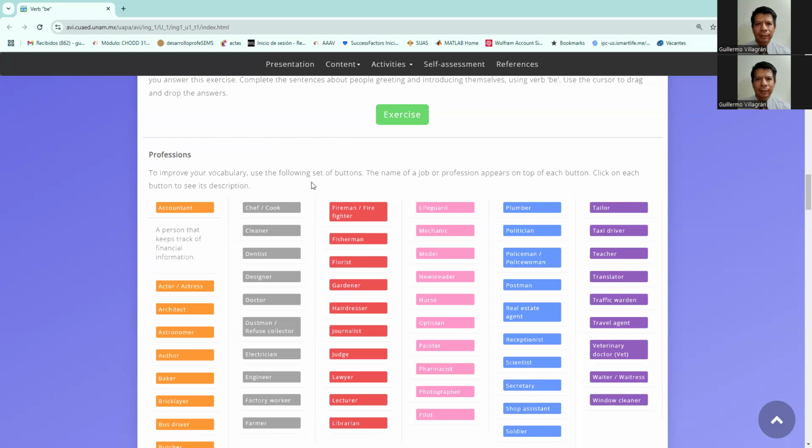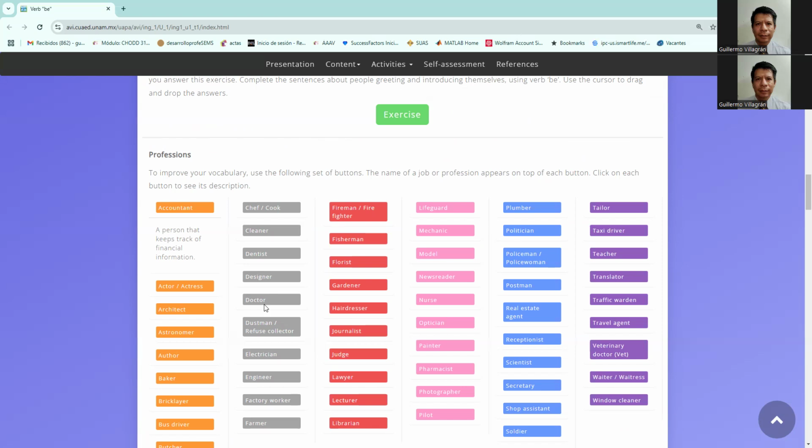Accountant: do you know what an accountant does? It is a person that keeps track of financial information of an enterprise or individual, of the incomes. And you have to pay taxes, so you have to ask an accountant how many taxes you have to pay.